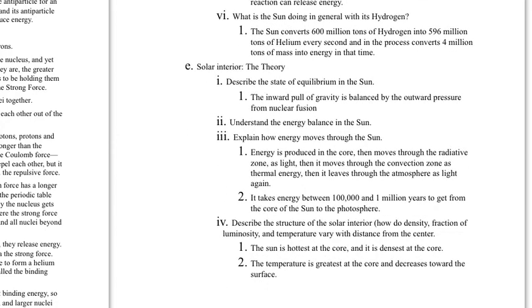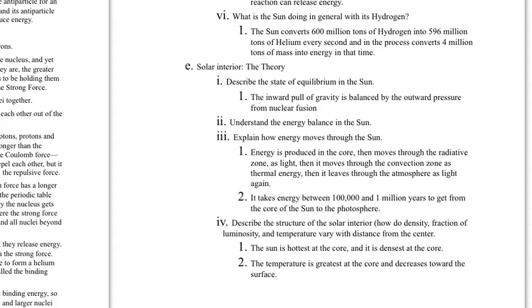So this says, describe the state of equilibrium of the sun. So what's going on inside the sun is that it's got this enormous gravity that's trying to crush everything together. But it compresses itself, and just like Kelvin and Helmholtz said, it heats up as it contracts. Well, eventually it heats up enough so that the core gets hot enough so that fusion can take place.